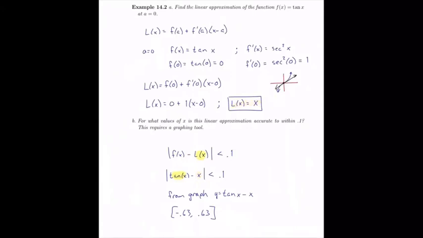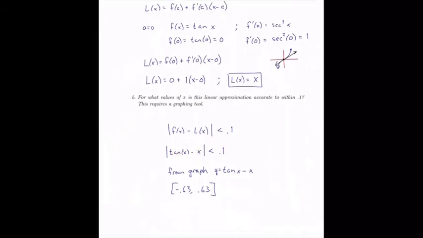So really we're just asking for what x values, what interval, is the absolute value of tangent of x minus x less than 0.1. And there's some symmetry here, right? So if I need to break this up, what I can do is this. Remember the absolute value less than is written like this. Let's say tangent x minus x less than positive 0.1.